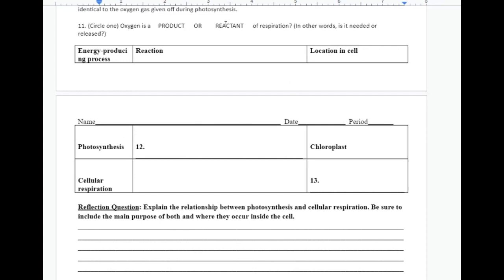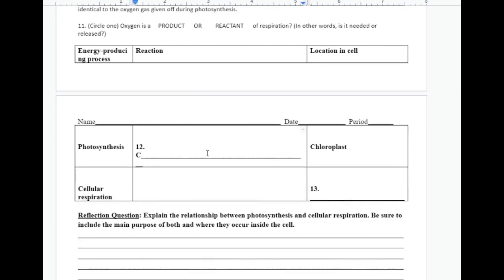All right. So circle one, product or reactant of respiration. In other words, it's needed or it's released. What is needed? What's the reaction that happens? I'm going to have to put this one in there.